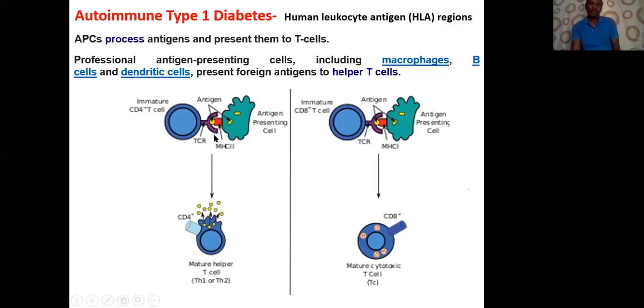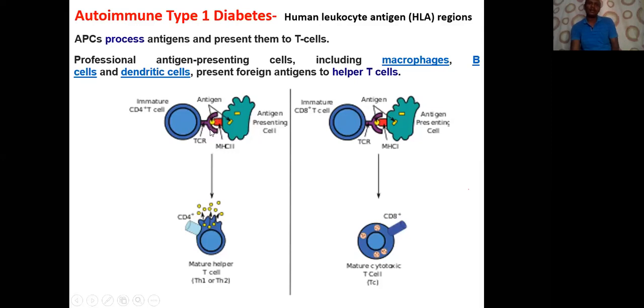So, antigen presenting cells take up the antigen. This is the antigen. Suppose you consider this a macrophage, and this macrophage takes up the antigens, and these antigens will be presented to the T cells, and T cells will have the receptors, T cell receptors.